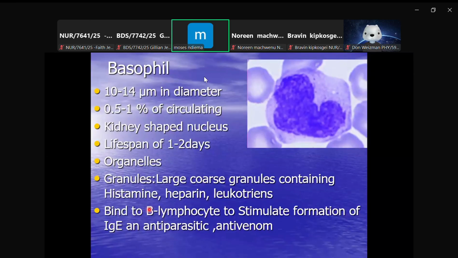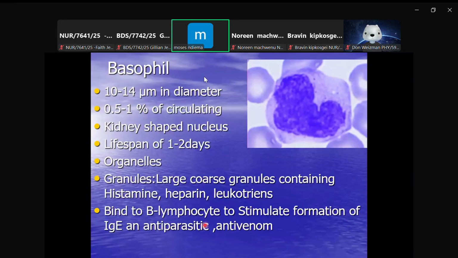And then they also act as antigen-presenting cells by expression of MHC2. They disrupt the helminth membrane. So the helminth membrane is destroyed, and therefore the helminths, the worms, are destroyed.